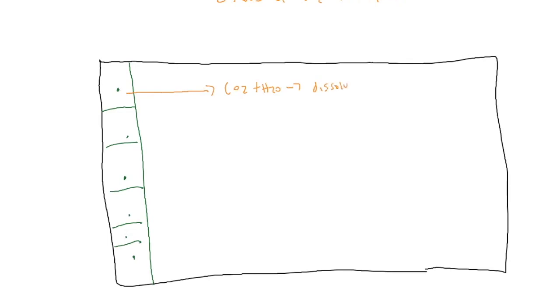And how much of that gets dissolved? 7%. So about 7% of carbon dioxide is transported in the blood plasma. Now, what about the other 93%? Well, that's where the red blood cells come in handy, specifically hemoglobin.